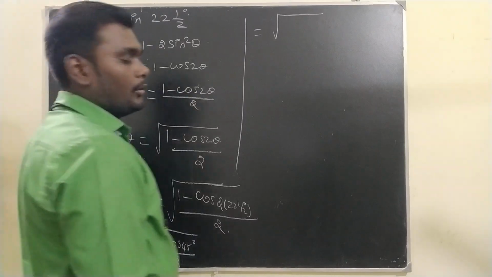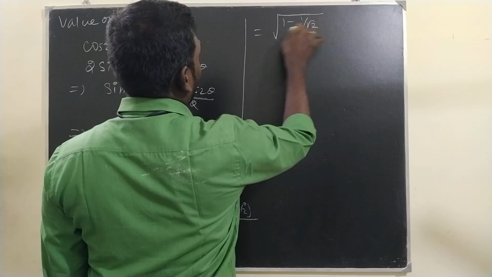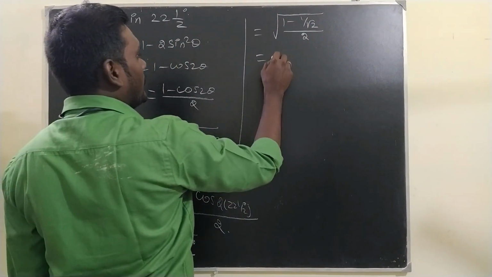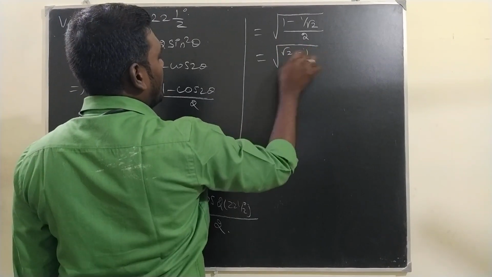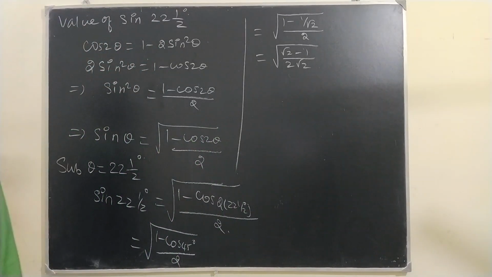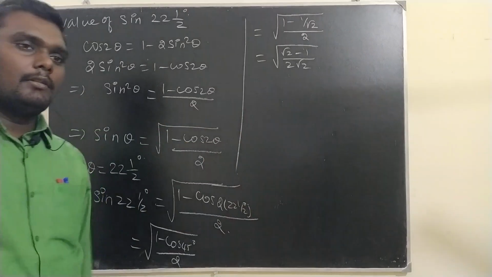One by root 2. Yes, 1 minus 1 by root 2 whole divided by 2. You cross multiply and simplify, then you will get square root of root 2 minus 1 by 2 root 2. This is about sin 22 and a half.